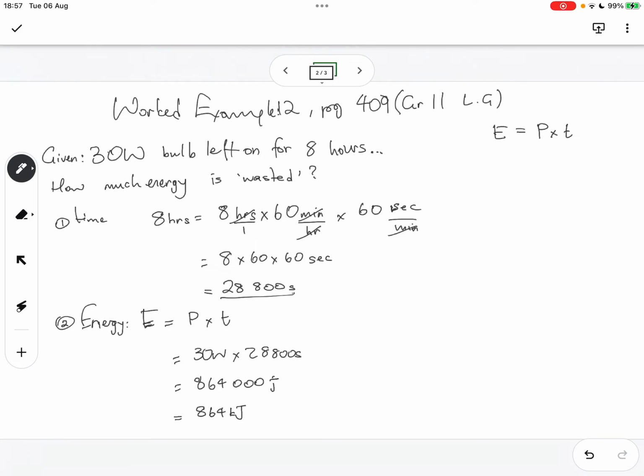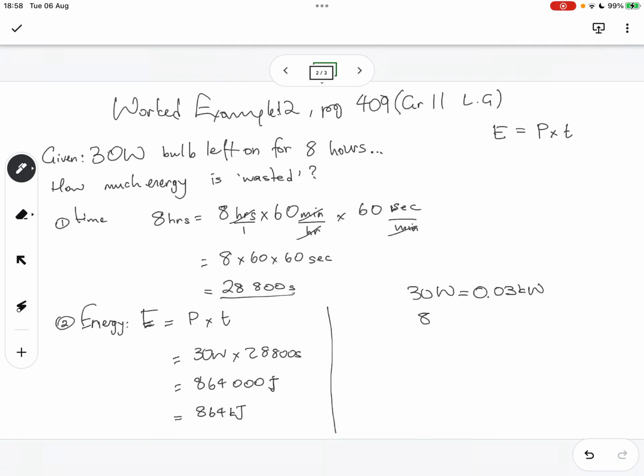or 864 kilojoules. I'm going to work this out in terms of kilowatt hours, which are the units we use for electricity. So in terms of units, 30 watt equals 0.03 kilowatt.